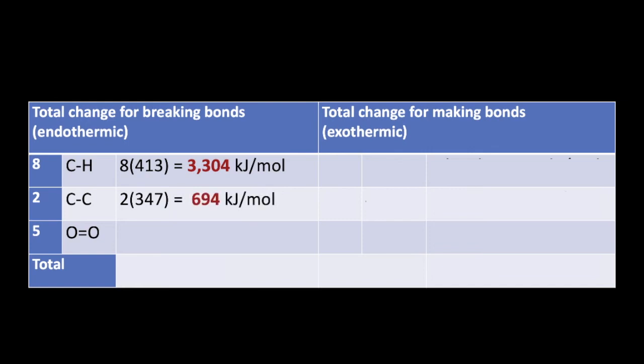And we have 5 oxygen molecules, and that means 5 oxygen-oxygen double bonds. We're going to multiply that by 5 to get 2,490 kilojoules per mole. And if we total all of these up, we get 6,488 kilojoules per mole. And this is the sum of the enthalpies for our bonds broken.